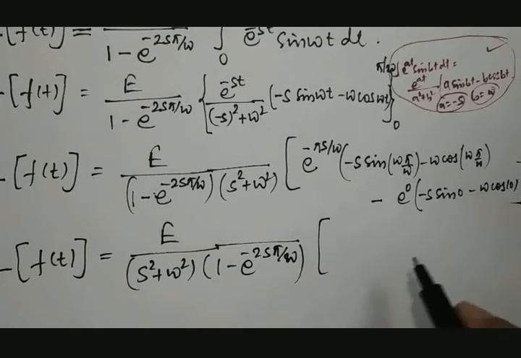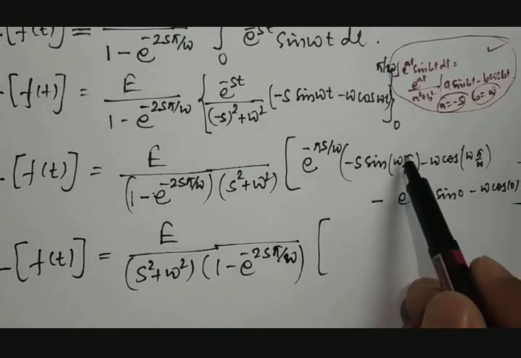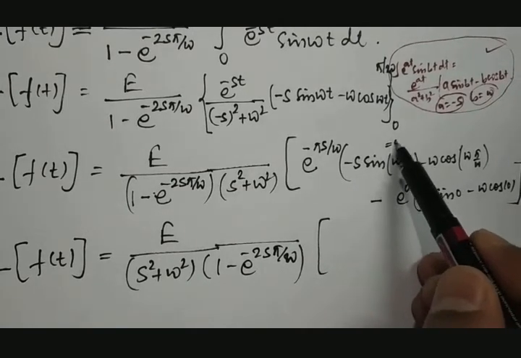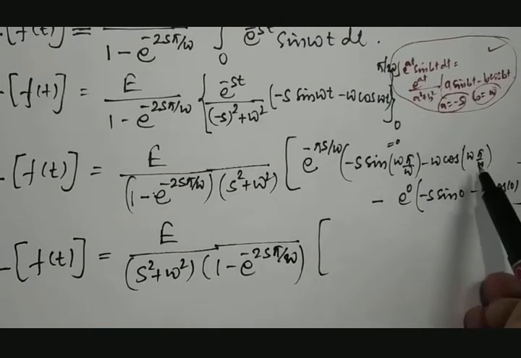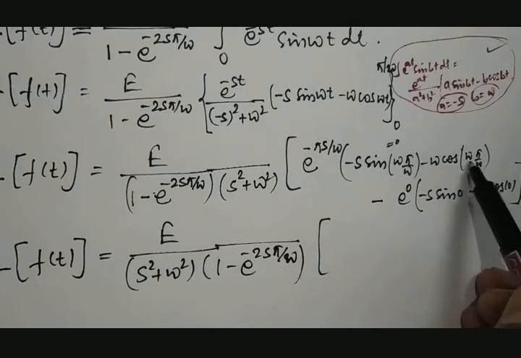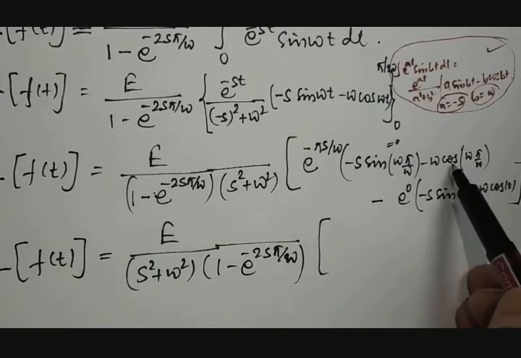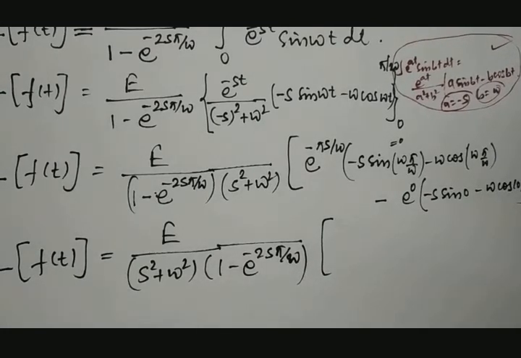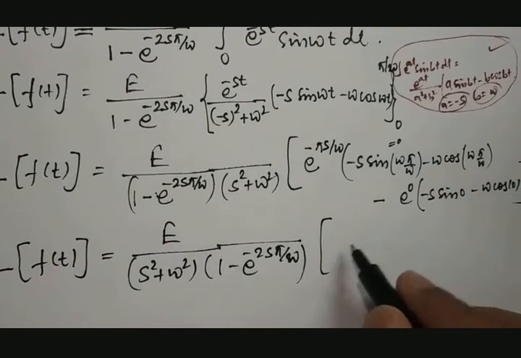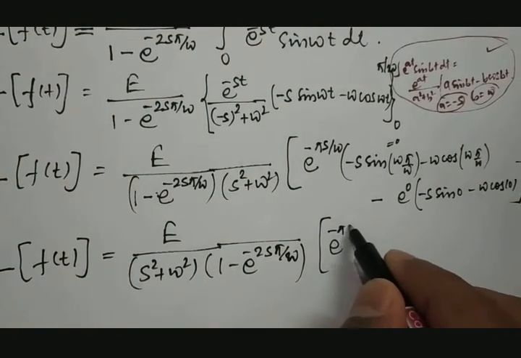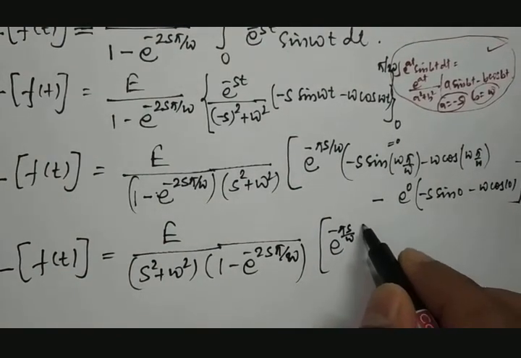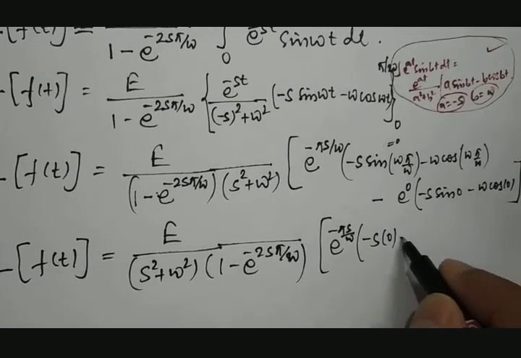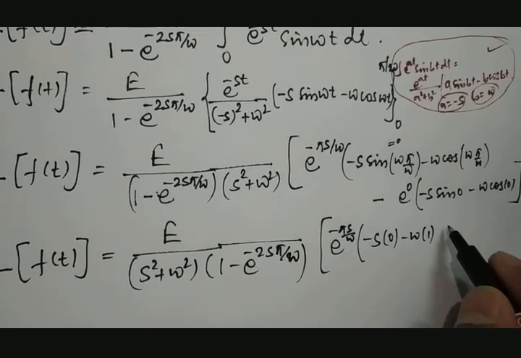into, here we can see what remains. Pi gets cancelled. Then it becomes sin pi. What is the value of sin pi? 0. Okay. Here pi and omega get cancelled, then it will be equal to e raised to minus pi s by omega into minus s into 0 minus omega into 1.